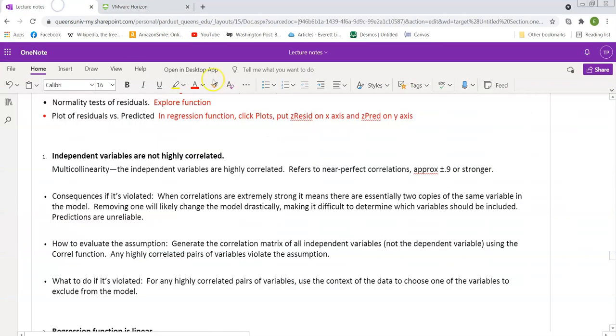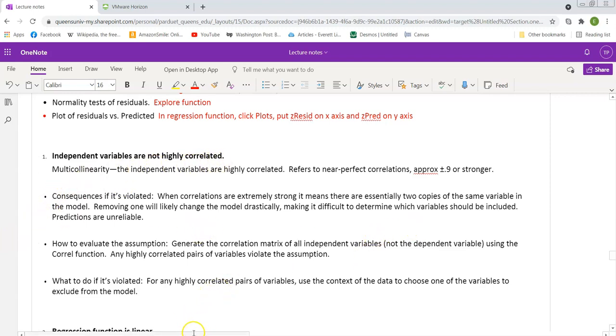So if you've got two variables that are very, very highly correlated, you want to keep just one of them. And how do you decide which one? This is one of many times that I'll say, rely on the context of your data. If you have to decide which of two variables to keep, look at your data and see which one makes more sense as a predictor for your dependent variable.